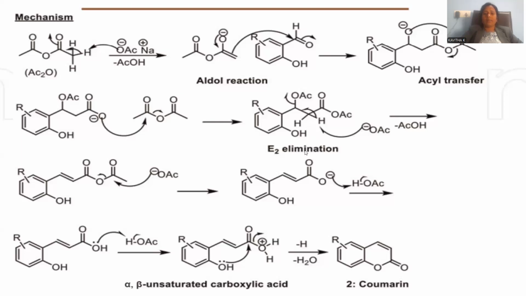In the next step, here we have an active methylene group, because OAc is a functionality on the adjacent carbon atom, and here we have OAc functionality again. So the carbon present in between is a highly active methylene carbon, and the hydrogens present are very loosely bonded, and the ease of generating a carbanion is very familiar with this carbon atom, being acidic.